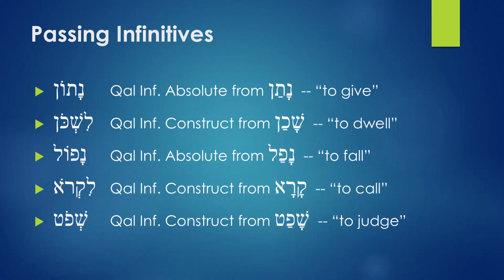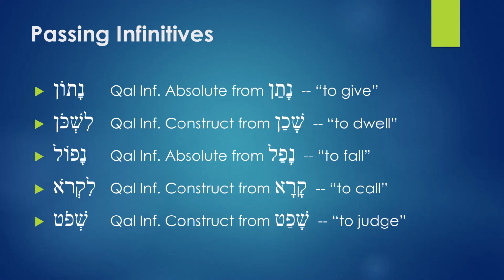Next we have likro, from the verb kara. Kara means he called. And so the infinitive construct likro means to call. It's construct because it has the preposition le. And finally we have shefot.